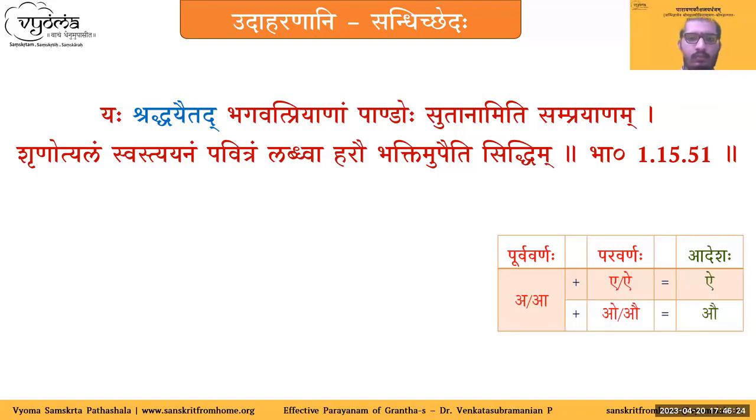Shraddhayetad. Shraddhaya plus Etad. The Purva Varna is a, the Paravarna is e, and the Adesha is ai.